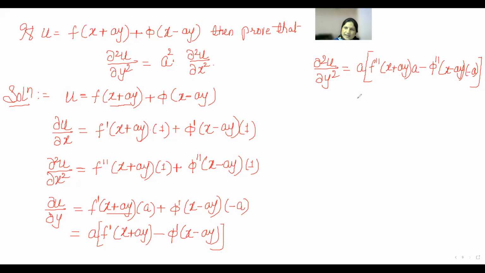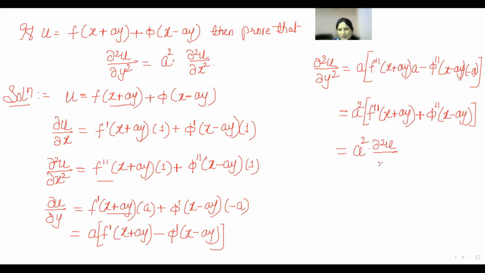Again here we can take that a as a common term, a into a, it is a square, and in bracket we have the term f double dash of x plus ay, minus into minus becomes plus phi double dash of x minus ay. So look at this, a square, and for this bracket we can write ∂²u/∂x². Hence the proof.